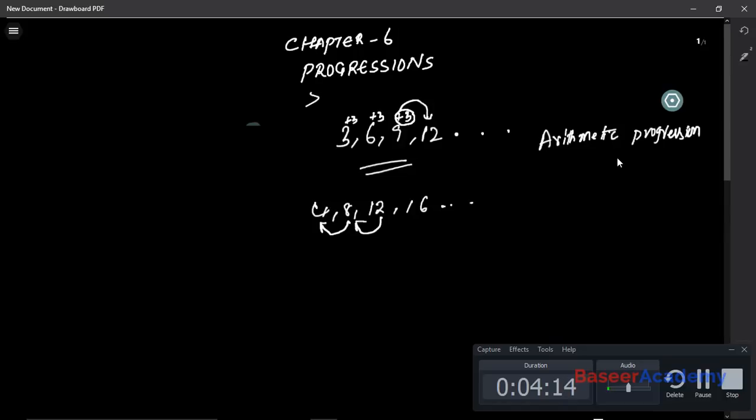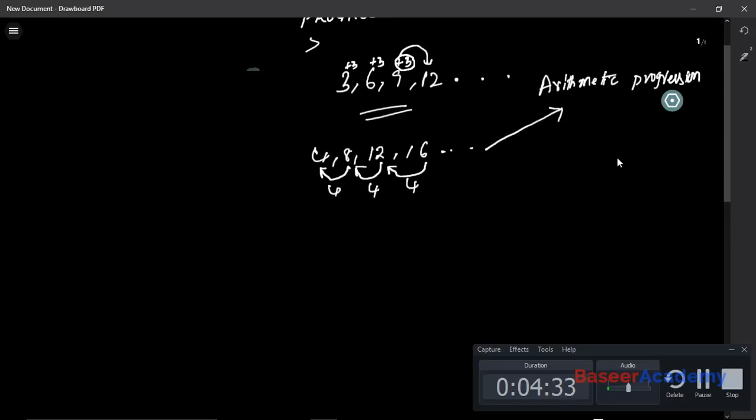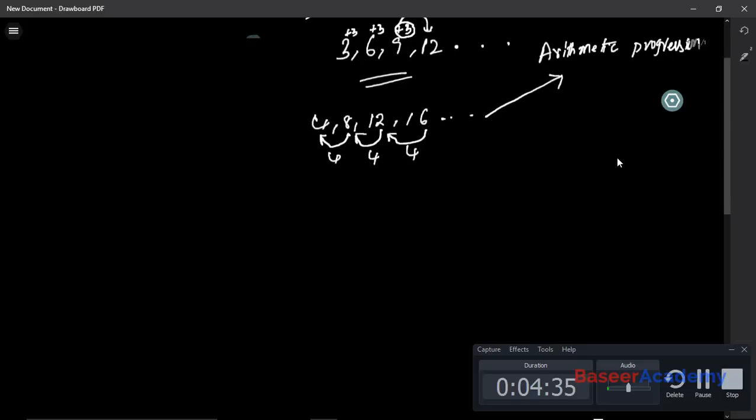The difference 8 minus 4 is 4. The difference 12 minus 8 is 4. The difference 16 minus 12 is 4. So if the difference between two consecutive terms is the same, then that progression is known as arithmetic progression. That's the simplest way of finding out whether a list of numbers is an arithmetic progression or not.